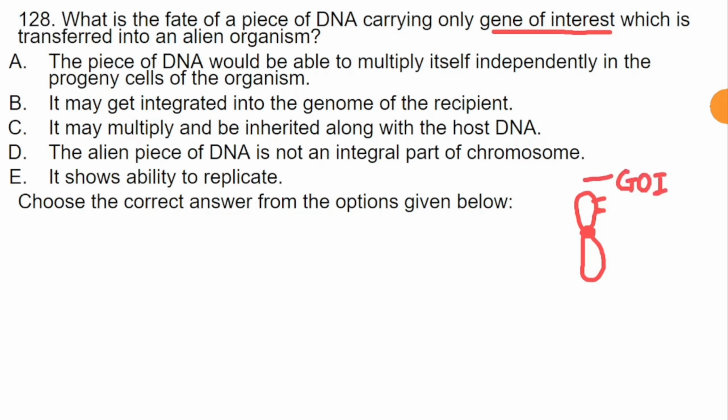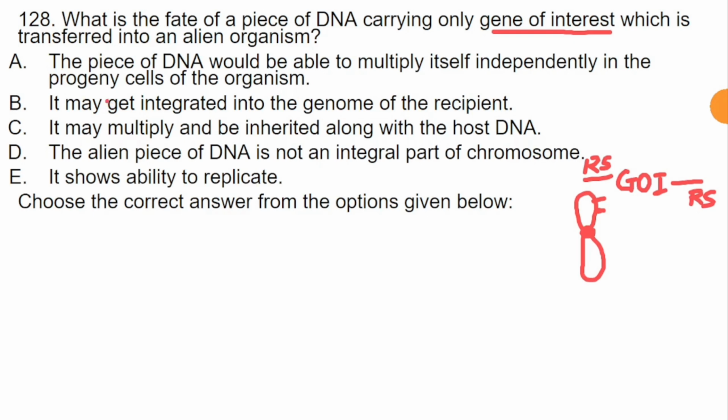The gene of interest has restriction sites flanking the gene sequence, so that it can be cut out using endonucleases. So we will assume that in this particular case, the piece of DNA has restriction sites. So let's continue and we will go through each option given here.